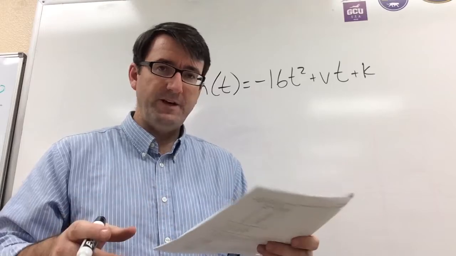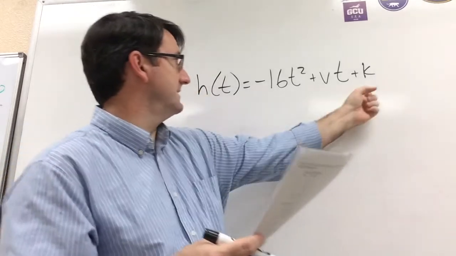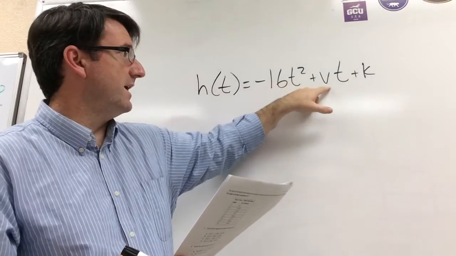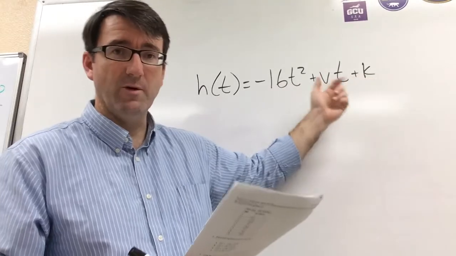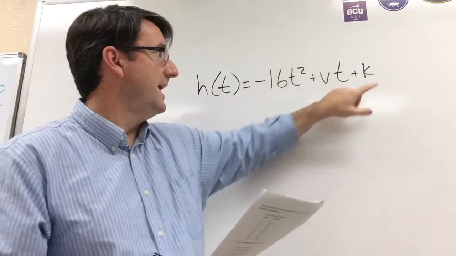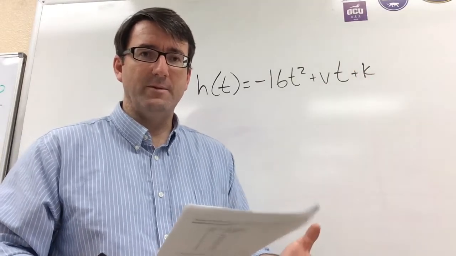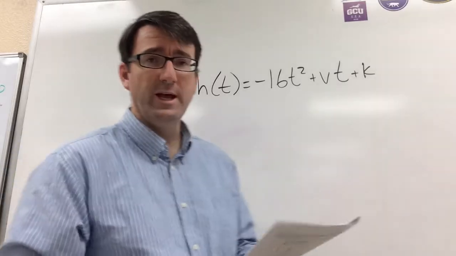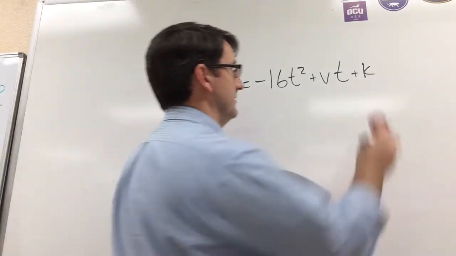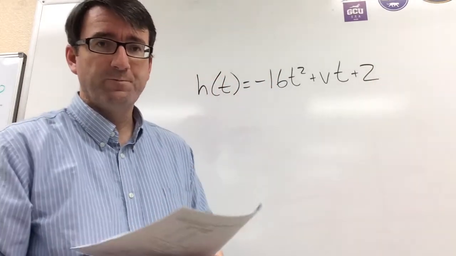The height in feet above the ground of the baseball can be modeled by this equation: H of t equals negative 16 t squared plus vt plus k, where v is the initial upward velocity of the baseball and k is the initial position of the baseball at the time that it was hit. We're told that it was hit when it was 2 feet off the ground, so k equals 2. Let's go ahead and replace this k with 2.